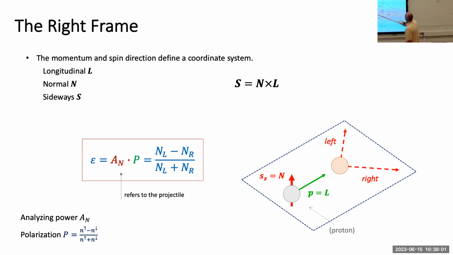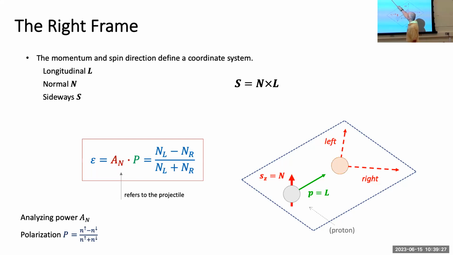So we have a left direction and a right direction, with the scattered particle and the beam momentum defining our scattering plane. And then we have the longitudinal direction, which is the beam direction, and the sideways direction, and the normal to the scattering plane. So that's our frame that we want to talk about.